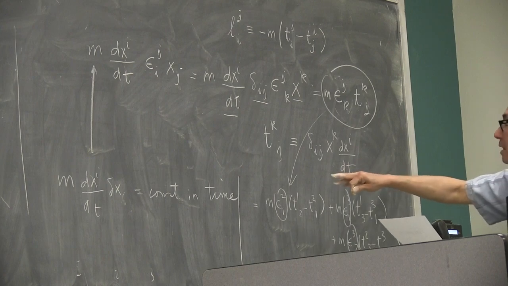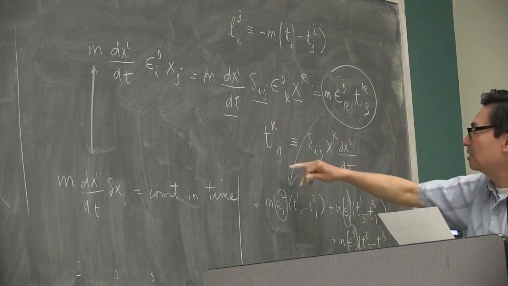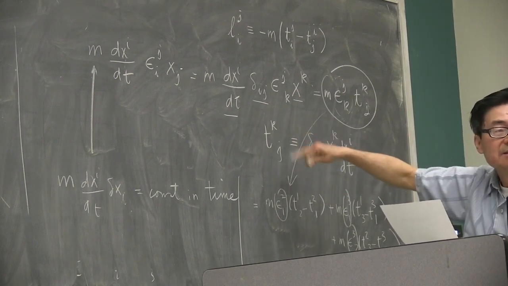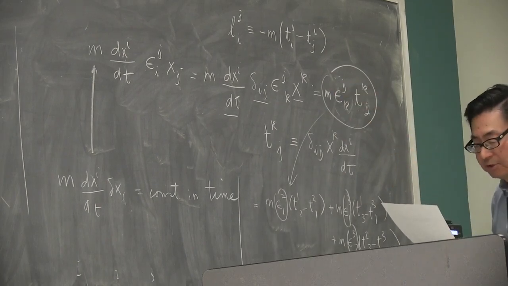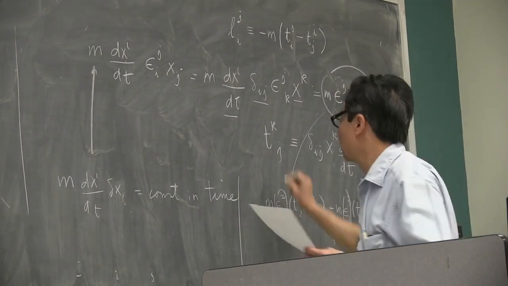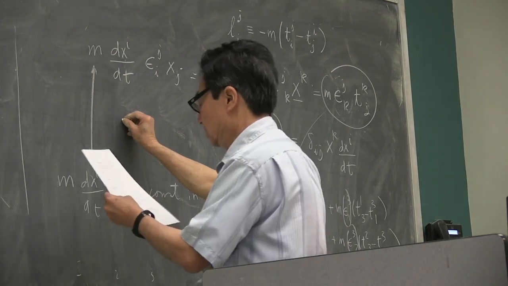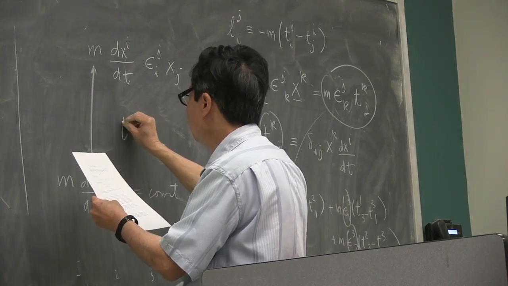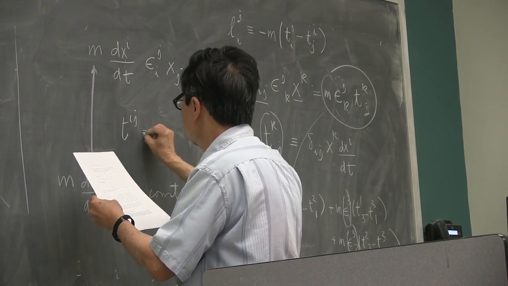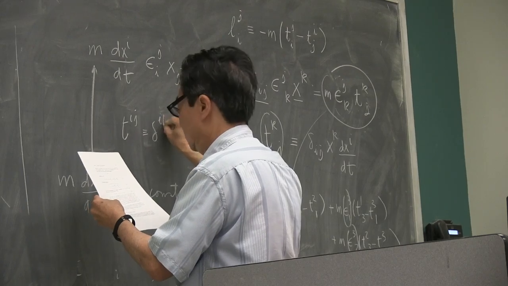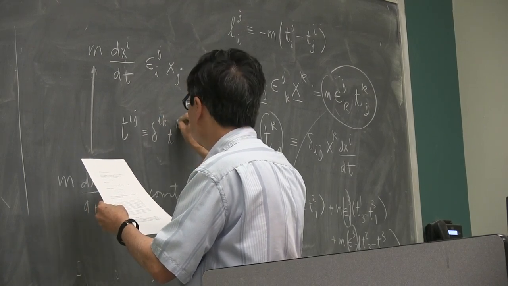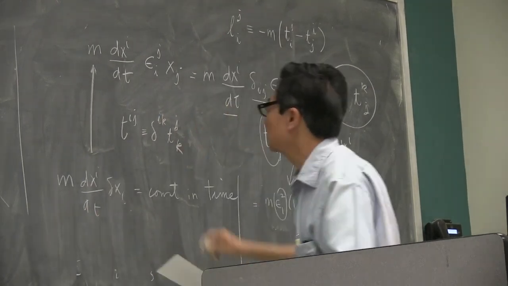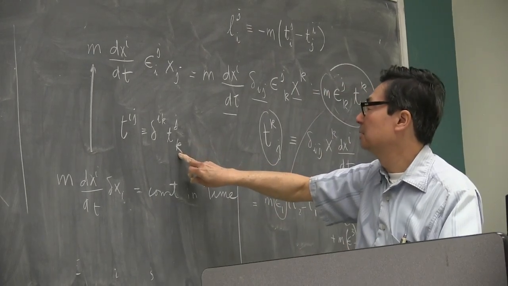And in fact, let me now just try to raise one of the indices. Okay, make it into a totally contravariant. So let's start with this guy. I'm going to define T^ij to be delta^ik T_jk. Okay, so I have raised this index in here.